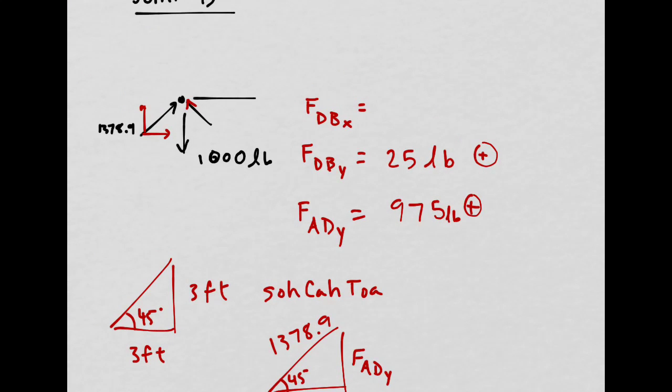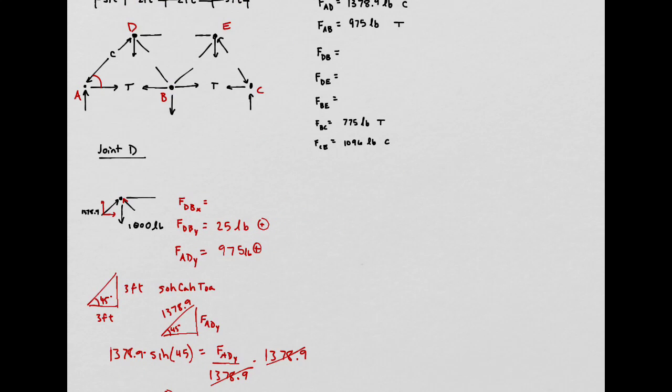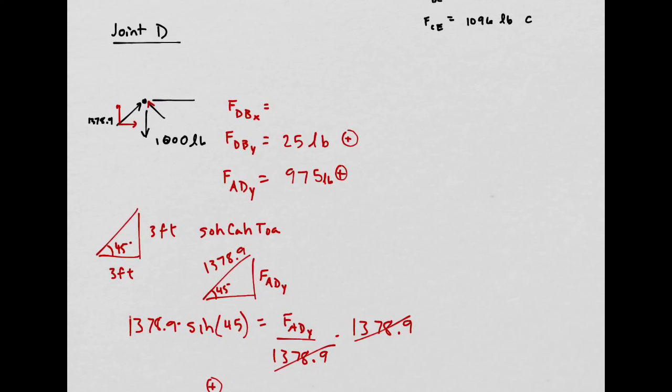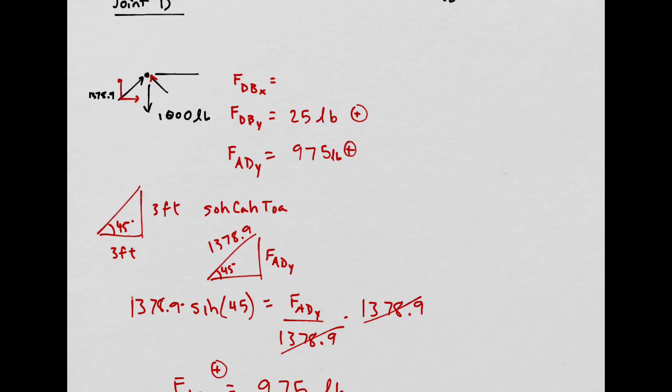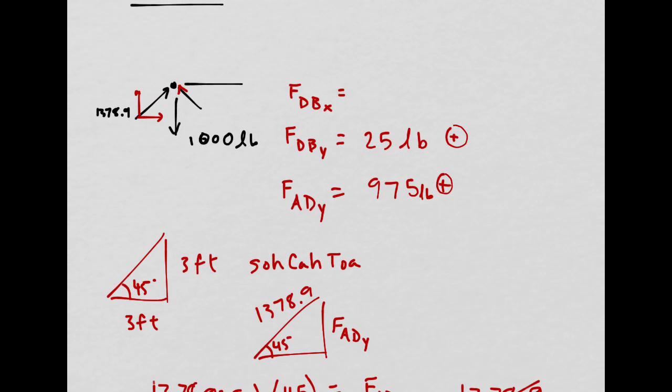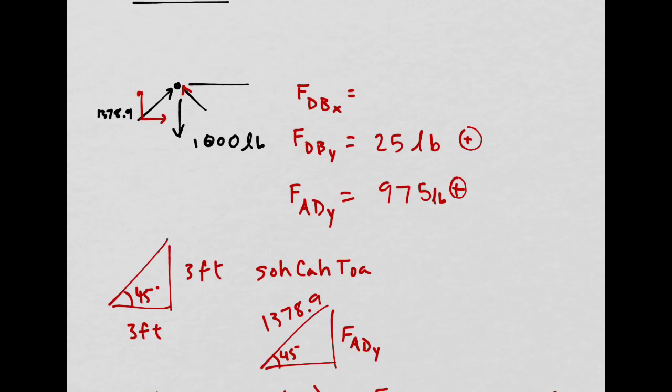And yeah, well, I can use that and find FDB now, right? Actually, I probably can't. What do I need? Maybe I just need FDBX, and then I can use Pythagorean theorem to find FDB. I think that's what I do need.